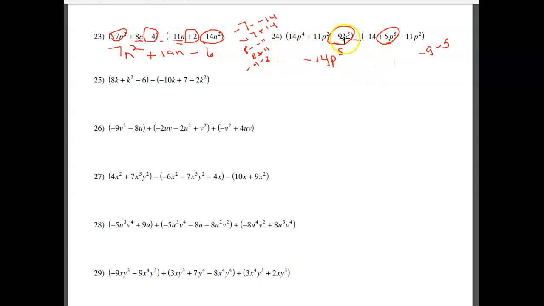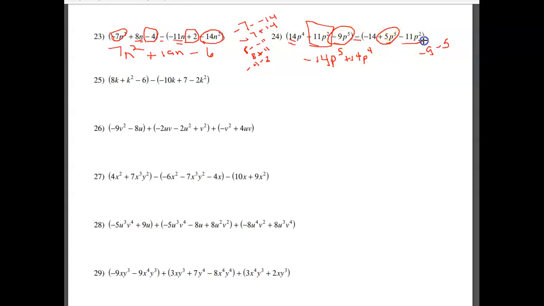Okay, so now the next exponent down from 5 would be 4. So I'm going to look at this one, and there isn't anything else to match that one. So it's just going to stay as a positive 14p to the 4th. Okay, and now let's look at something that has, there's a plus sign there, a p squared.